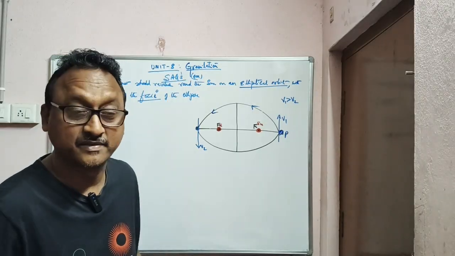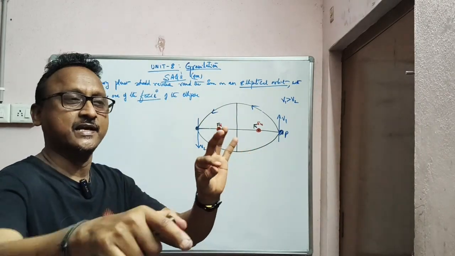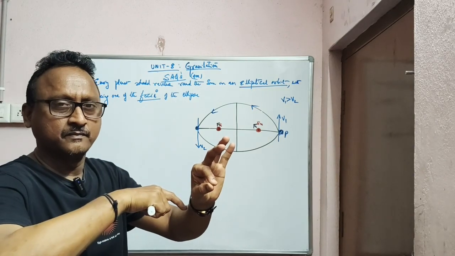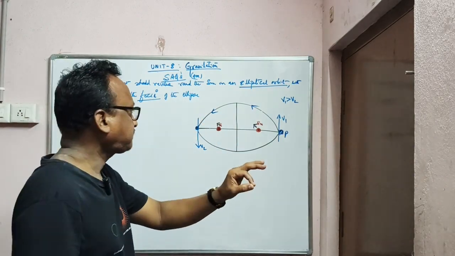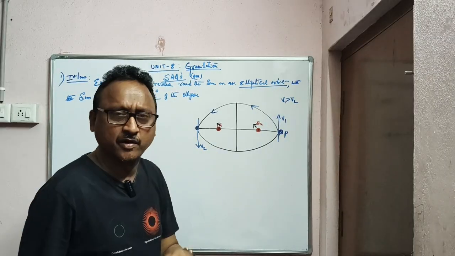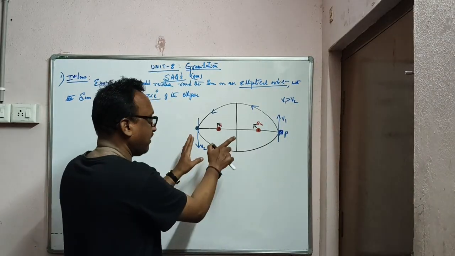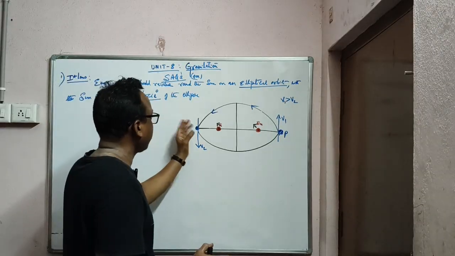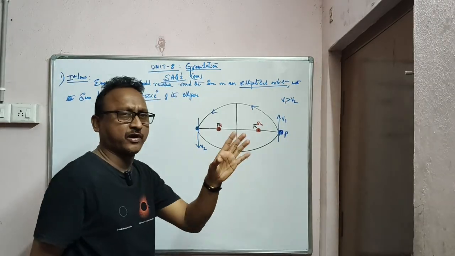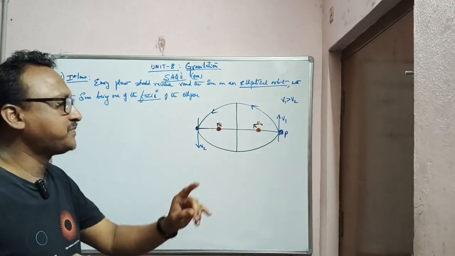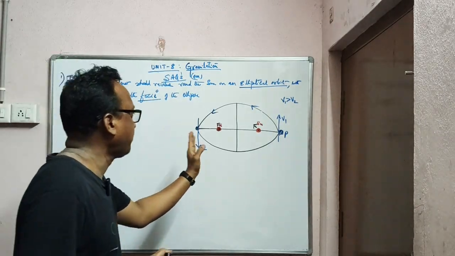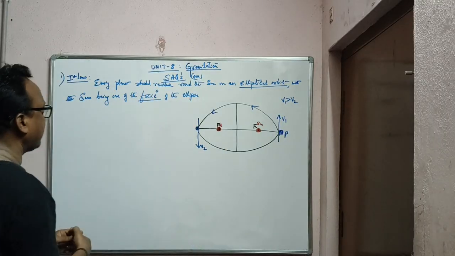Old theories failed here. The sun will be stationary there, the Earth will be revolving, and the remaining planets also will be revolving. The sun is stationary according to the new concept. So either it should be here or here, one of the foci, because in the construction of an ellipse, two foci are required, F1 and F2. So this is the diagram.